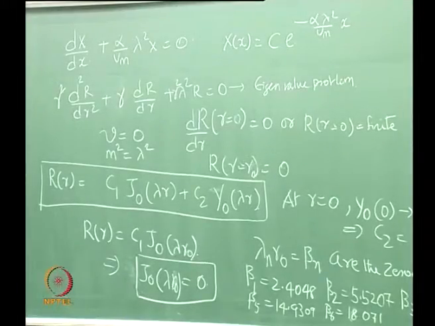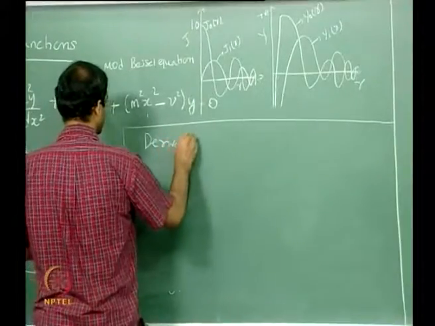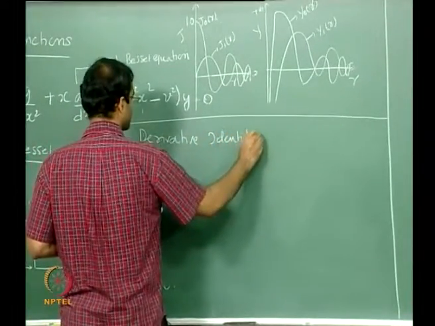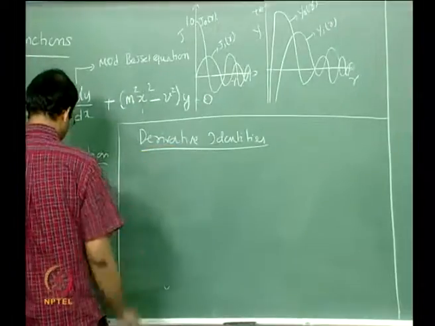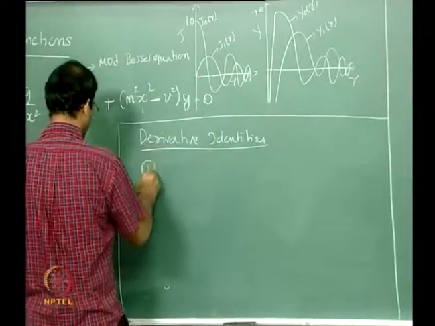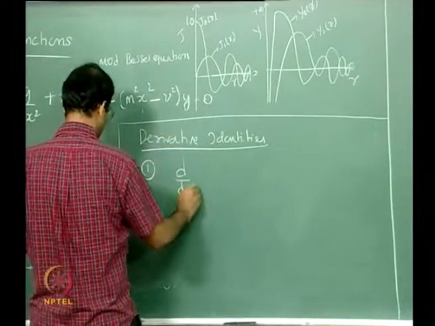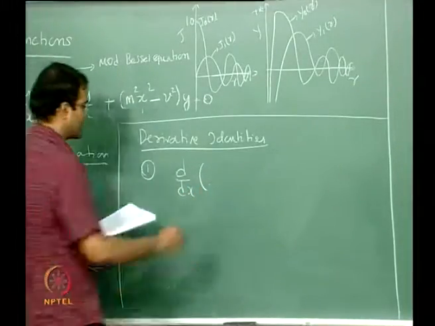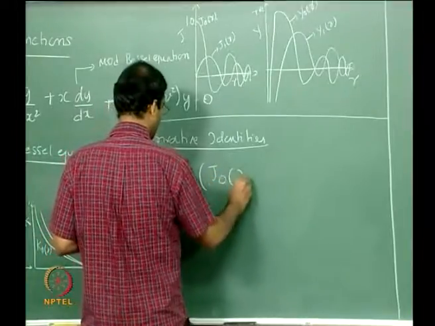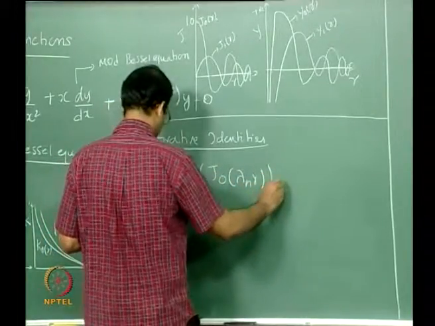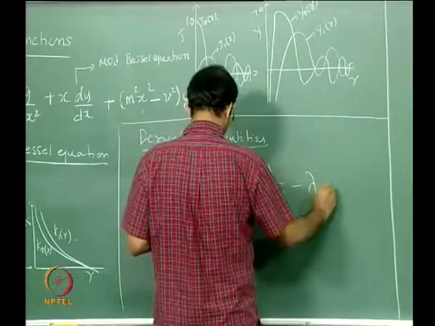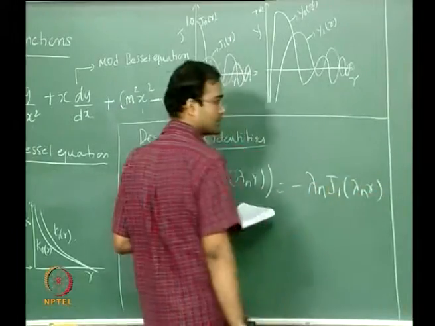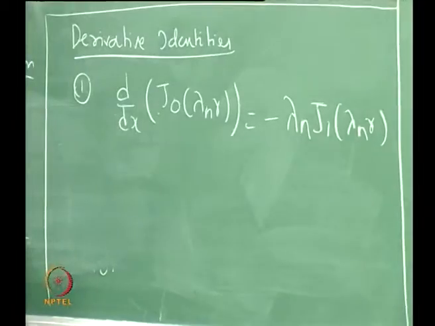So identity number 1: if you differentiate the 0th order Bessel function of the first kind, that is J naught of lambda n r, that gives you minus lambda n J1 of lambda n r. Okay, this is your first identity.